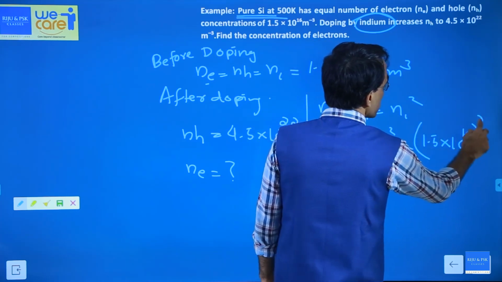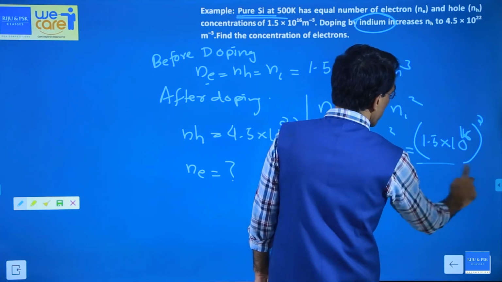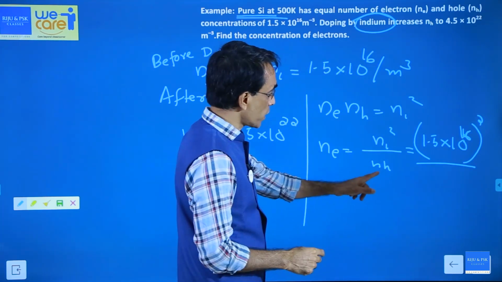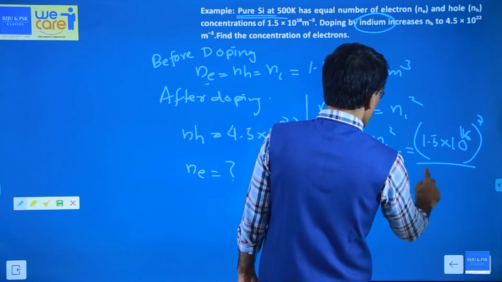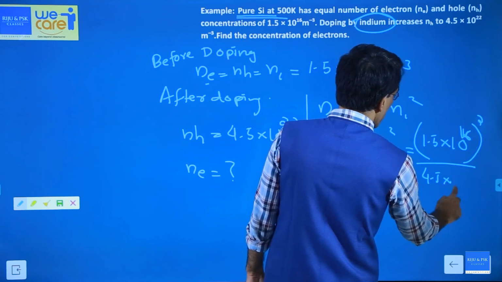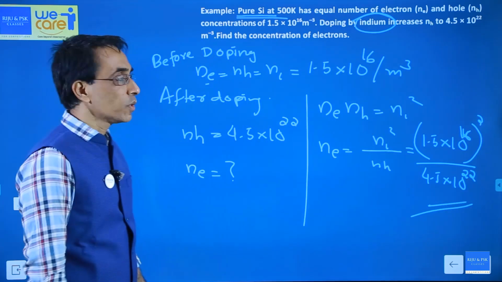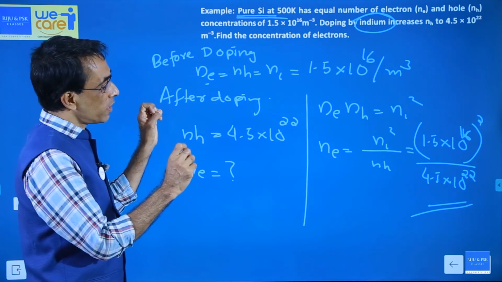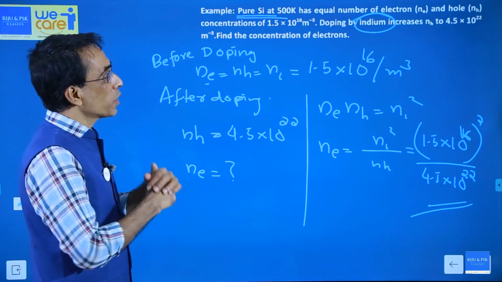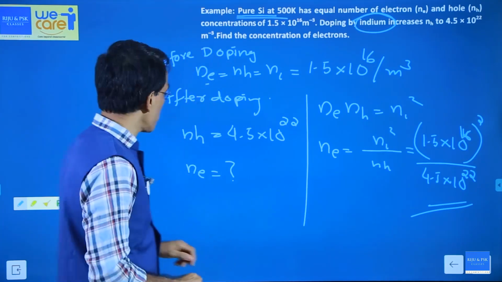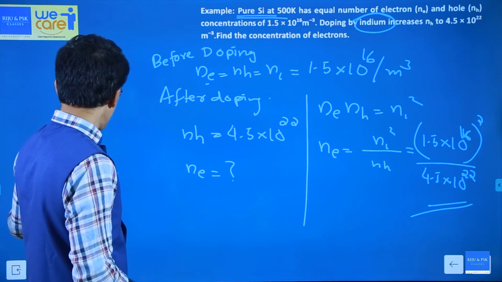You square this, then divide by the new number density of holes, which is 4.5 into 10 to the power 22. This is your answer. This question gives you the idea why the concentration of electrons decreases: because of increased electron hole recombination.